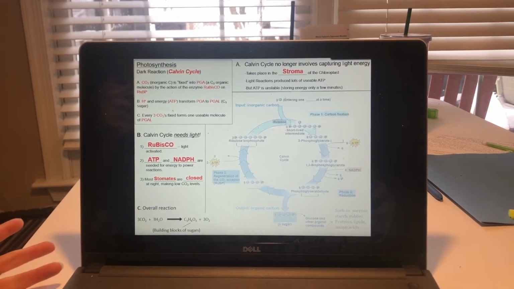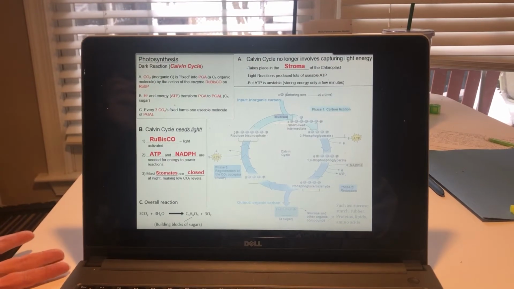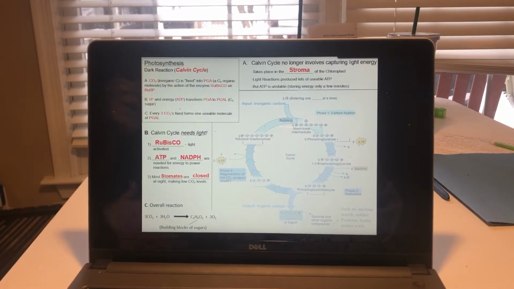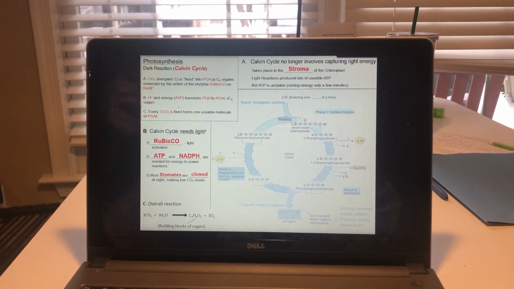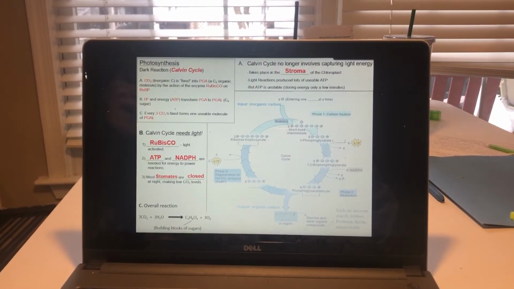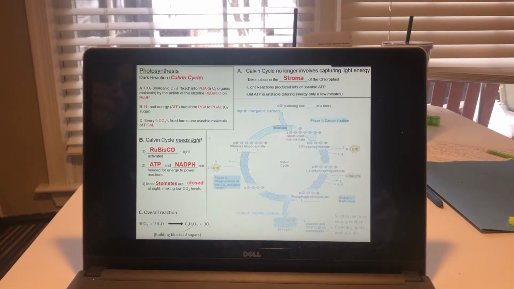But because you are using more than you're producing, nobody ever writes the water molecules being produced on the right side of the chemical reaction. And if you don't take that into account, you'd realize that there are twice as many carbons in a carbon dioxide as you actually need for your sugar molecule.